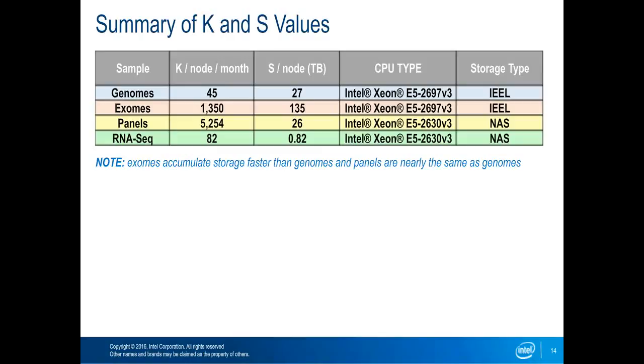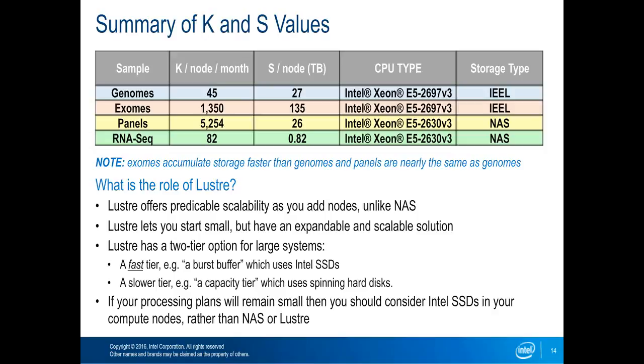I want to talk a second about Lustre, because what is the role of Lustre? Under storage type on the right, IEEL is Intel Enterprise Edition for Lustre, and NAS is network attached storage. Lustre gives you tremendous scalability and expandability.